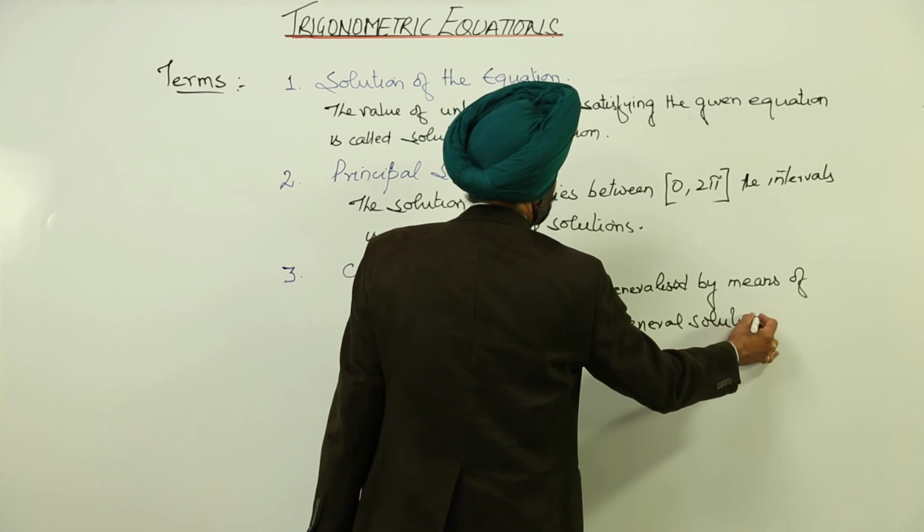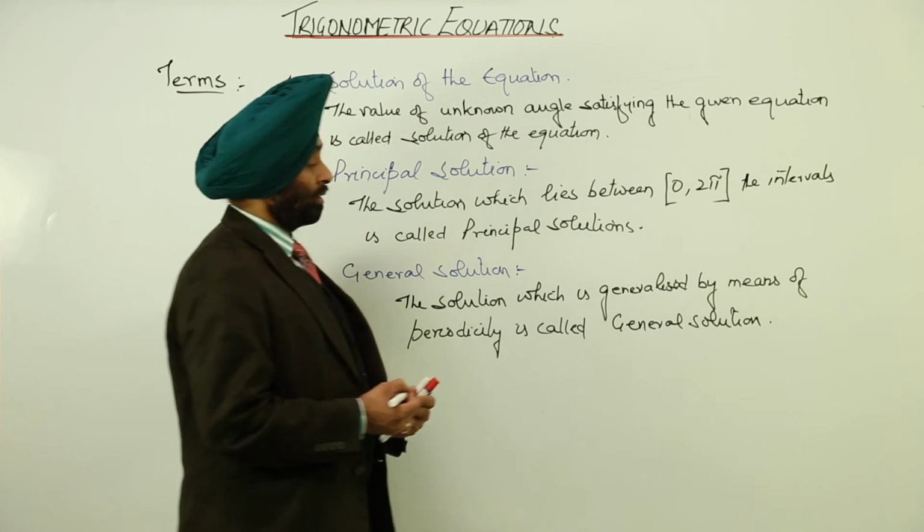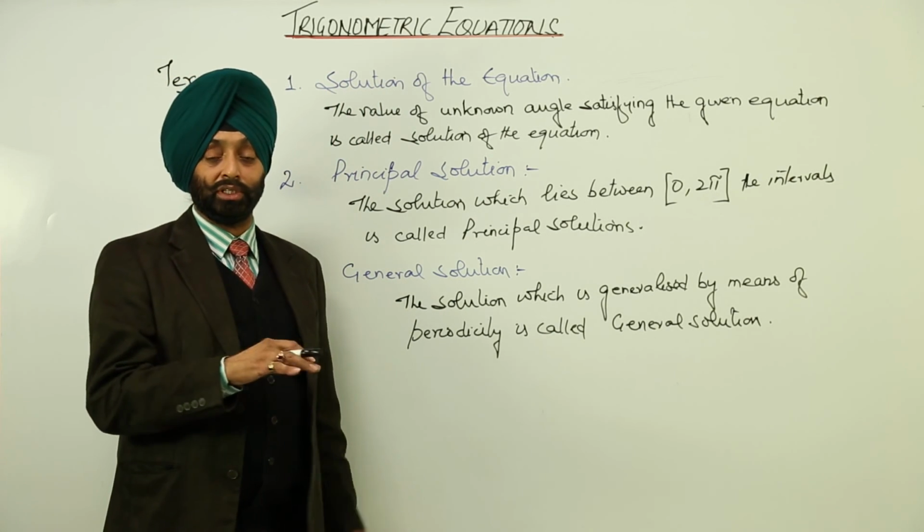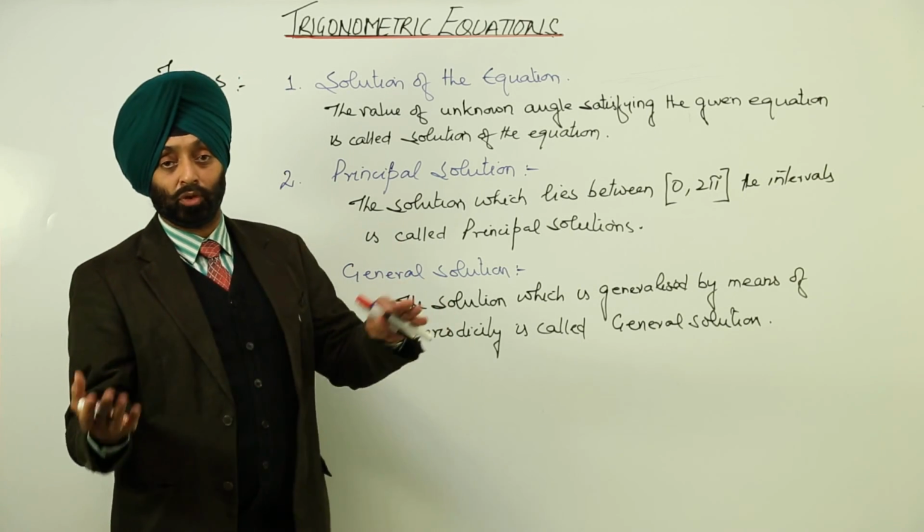Now these are the 3 terms and these are the definitions, and I am going to give you some examples based on these things in the form of the examples or in the form of the questions.